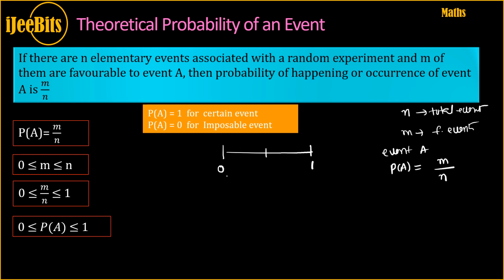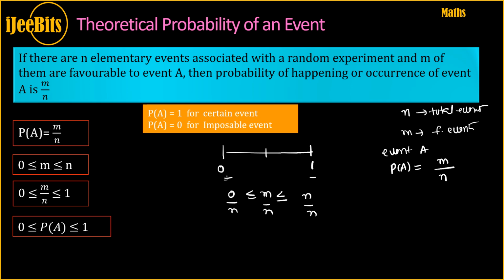Between 0 and 1, correct? So the minimum is 0 and the max value is n, so your favorable events are always between 0 and n, right? Let's say you divide all by n.